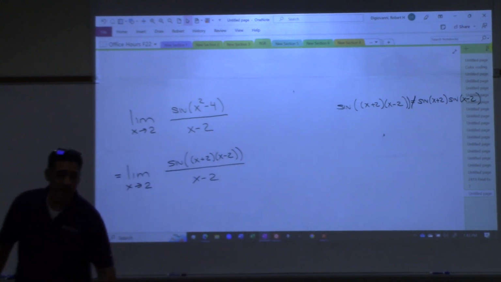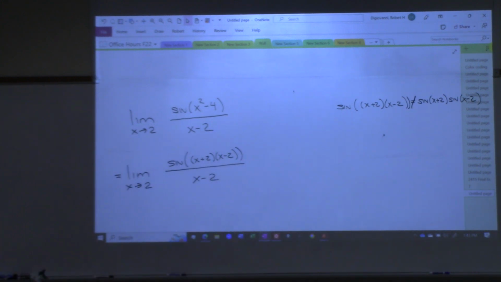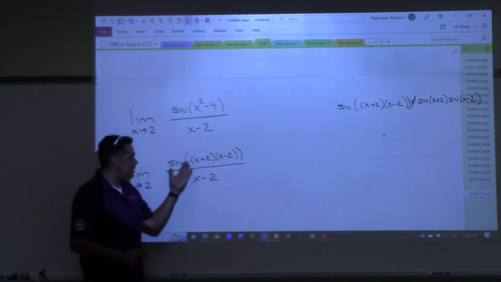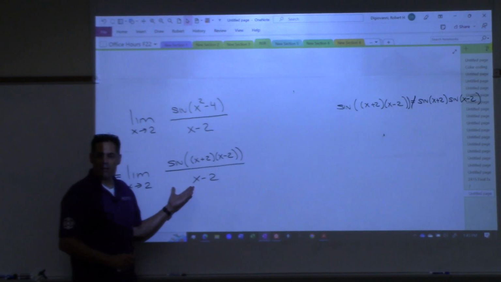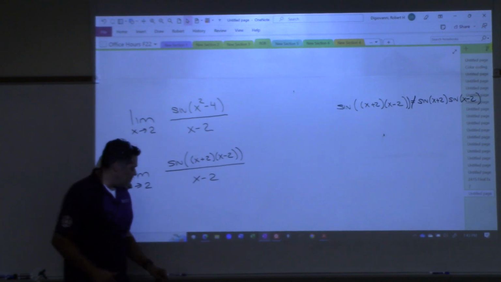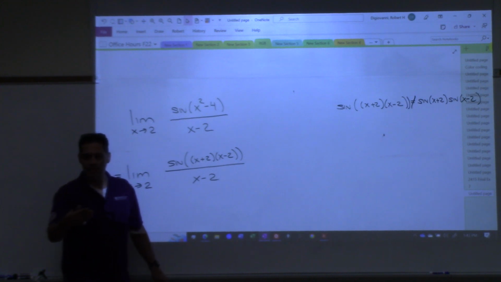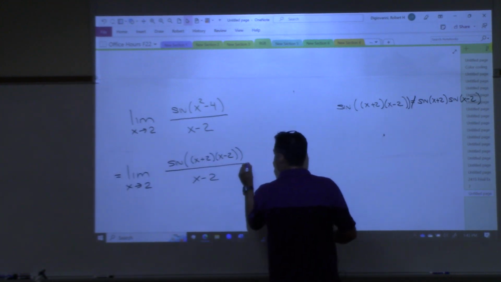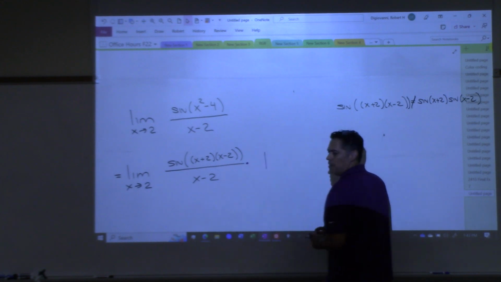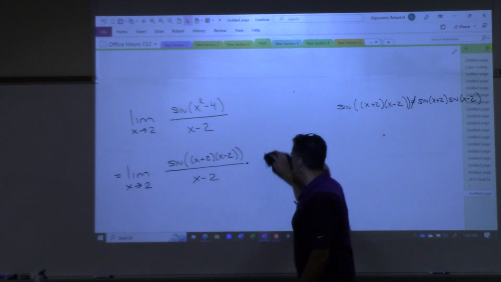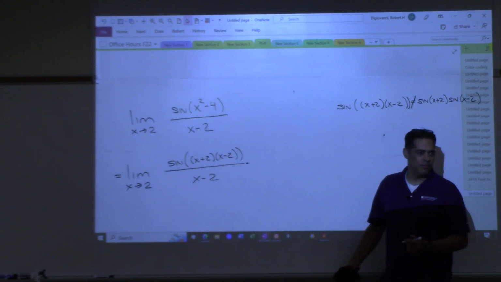So it looks like we might be stuck, right? What would we love to have down here? What would solve our problem? What would make this doable? X plus 2, right? That's what I need down there. So I'm going to make it appear. Here we go. Magic. I'm going to multiply by 1, but the 1 I'm going to multiply by is x plus 2 over x plus 2.